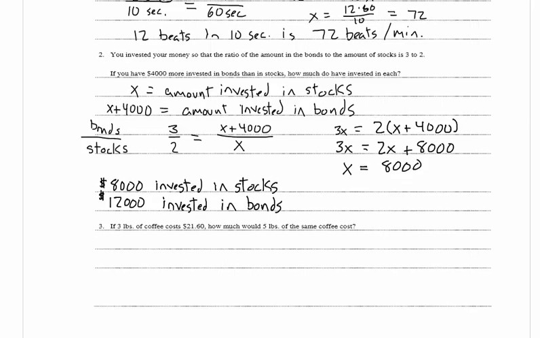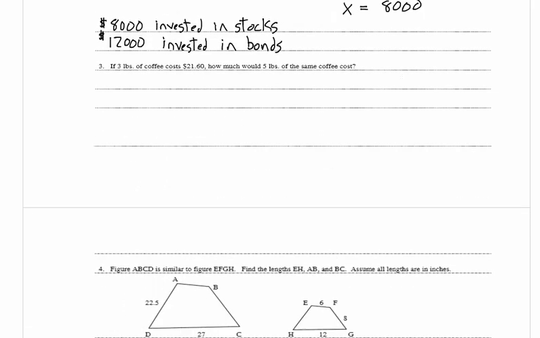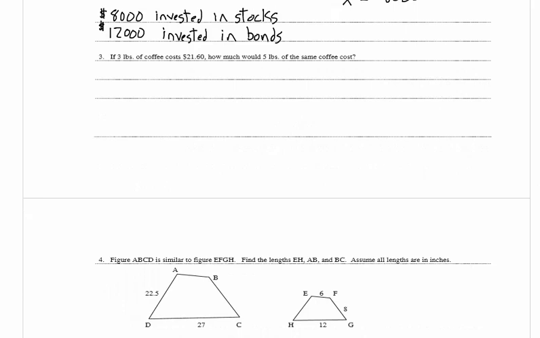In 3, we have if 3 pounds of coffee costs $21.60, how much would 5 pounds of the same coffee cost? Here we're going to have X represent the cost of 5 pounds of coffee.